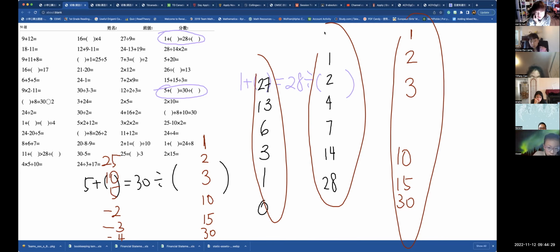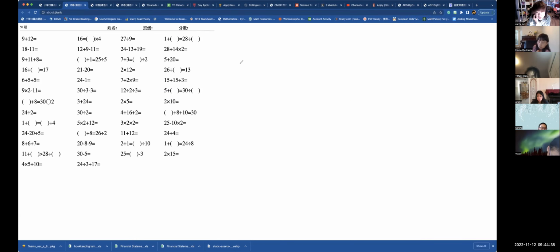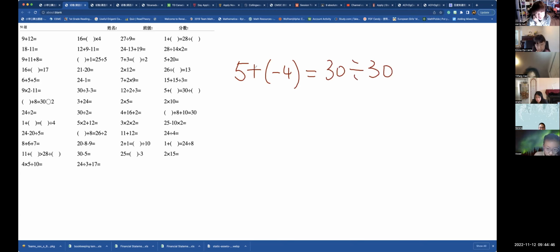So now let's take a look at this one because this is relatively related to what we're learning today, okay? Ariel may be asking, Ariel says, teacher, 5 plus negative 4 is equal to 30 divided by 30. It's right, but how could you put plus and negative at the same time?